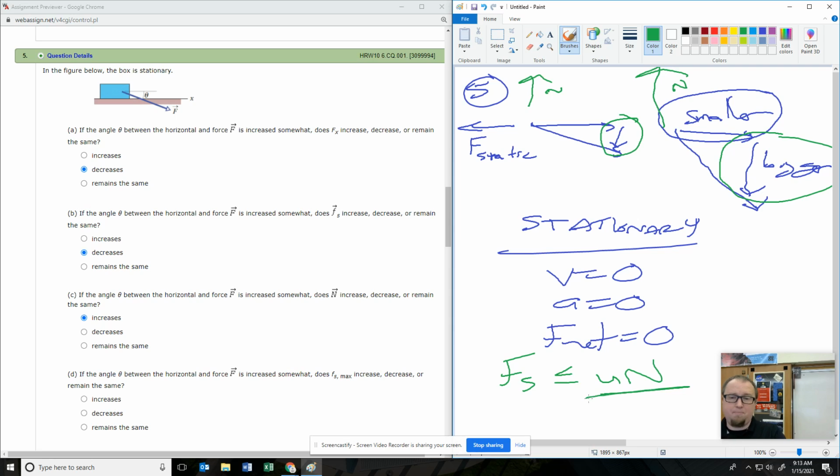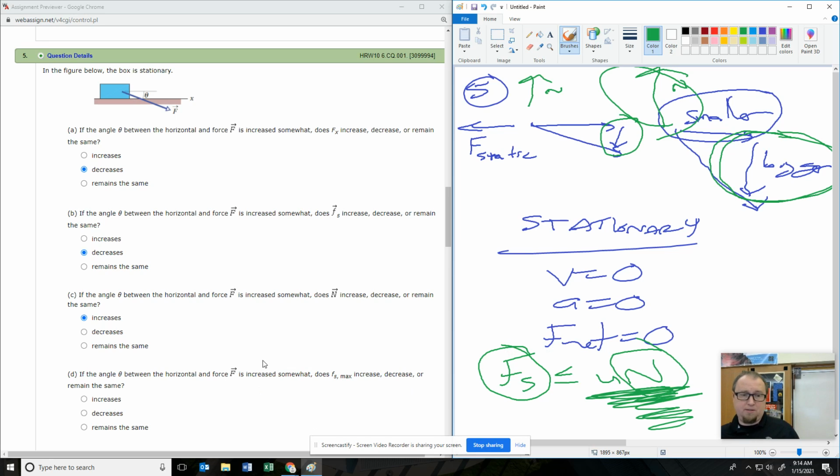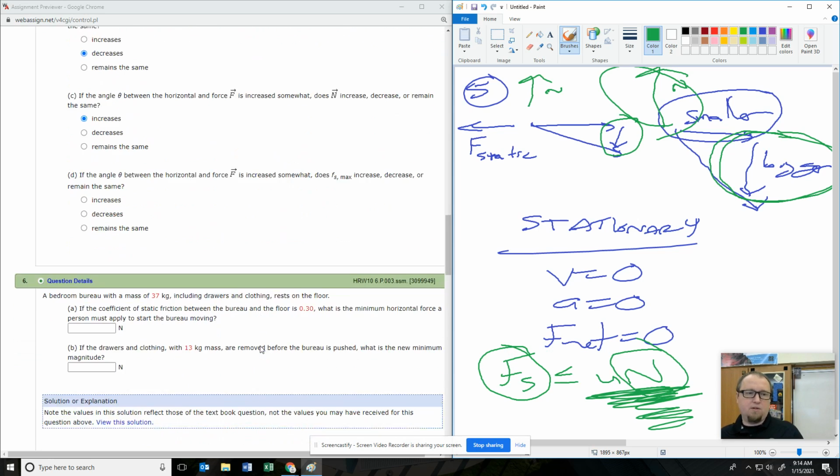So it builds up to a maximum value, a breaking point. So in this problem, if you push more into the ground, you get a bigger normal force, you get a bigger maximum static friction, a bigger breaking point for when it's going to break off.